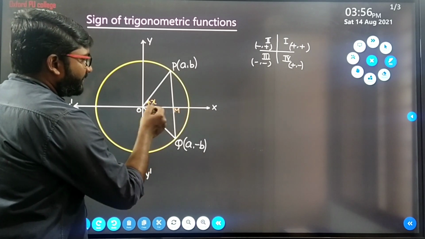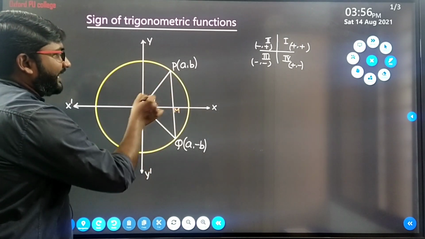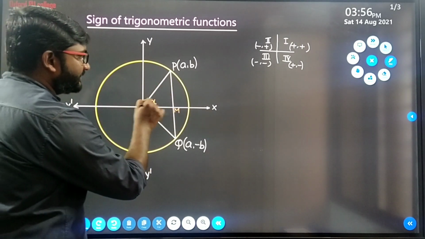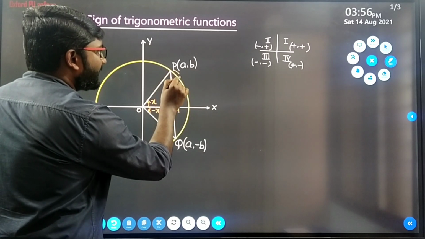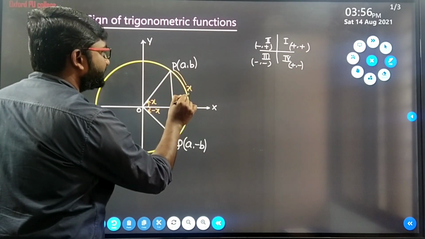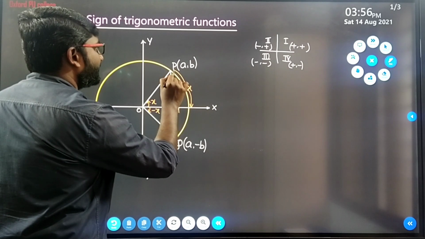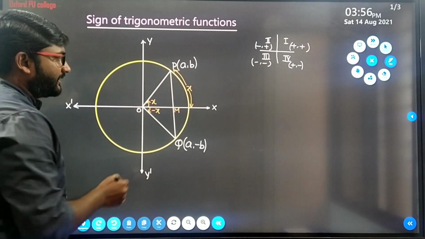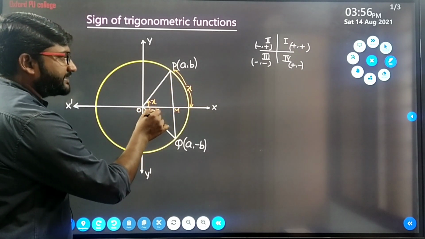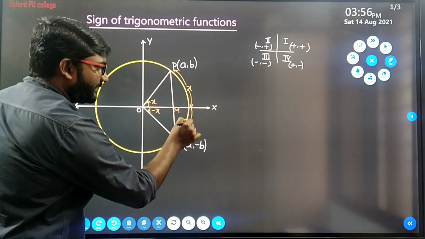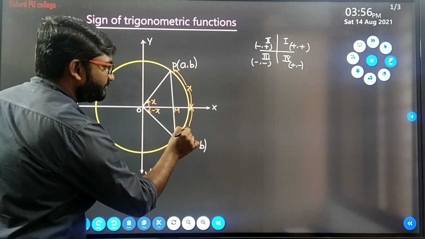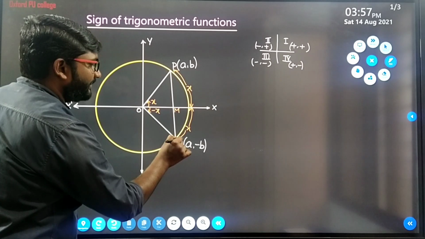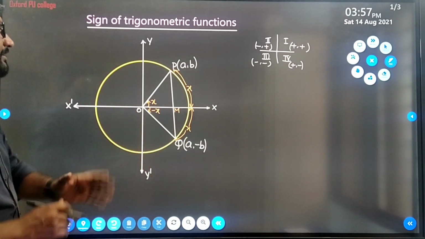So here the angle MOP is going to be x radian. If this is x radian, then this arc length will also be x. Now here we have the minus x radian, so this arc length will also be x. So this is the basic thing.